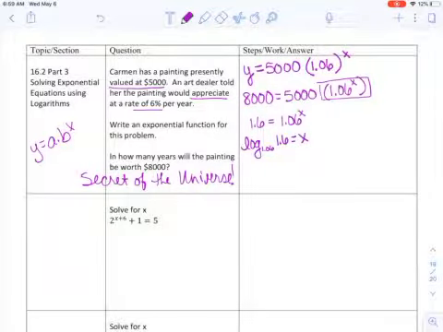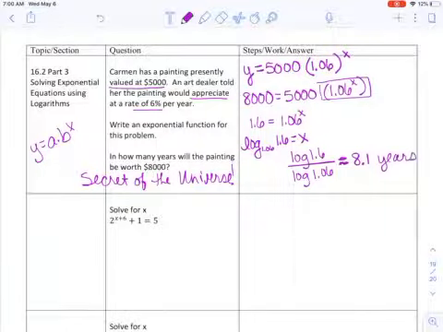Okay, so if you use secret of the universe, you can put in log of 1.6 divided by log of 1.06. And if you just plug that in directly, you're going to get an answer. And again, we round on these things, right? It's about 8.1 years.